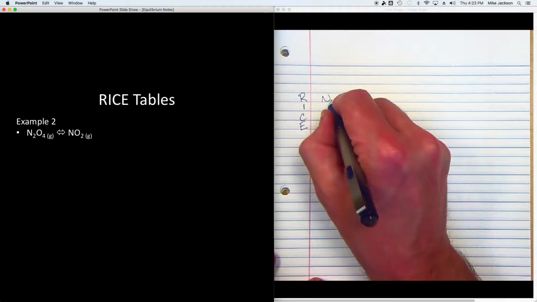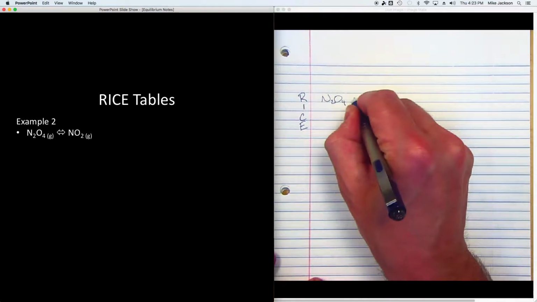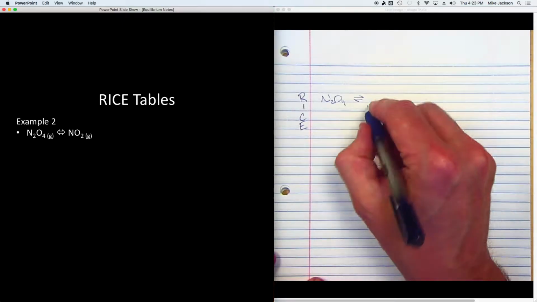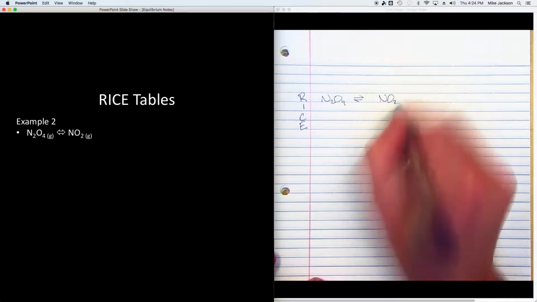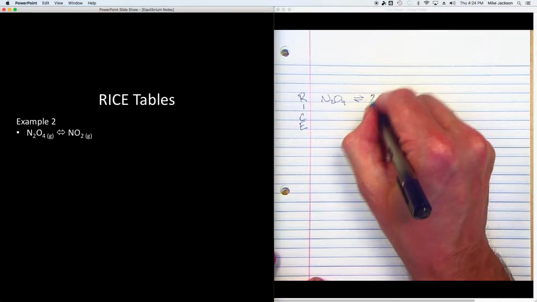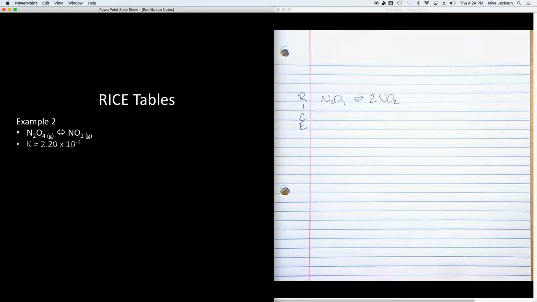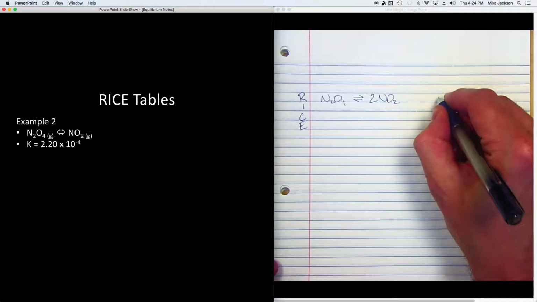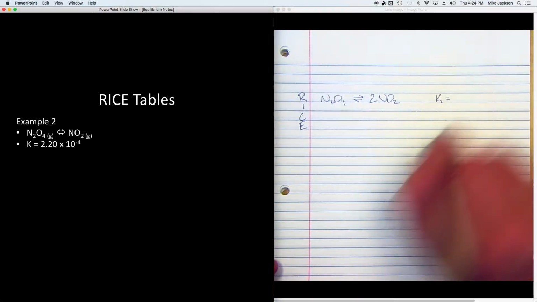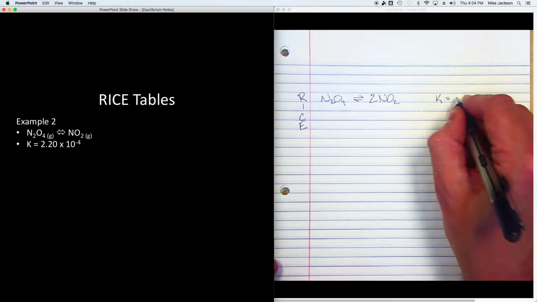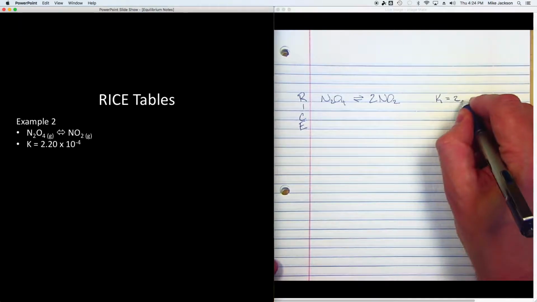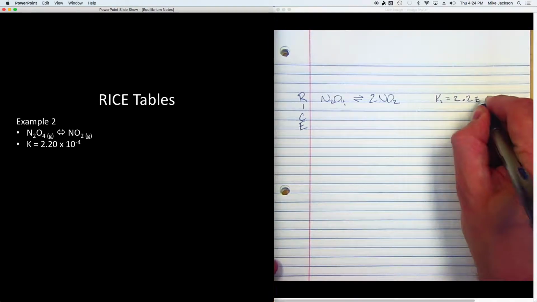N2O4 yields in equilibrium NO2. And quickly balance it, that's a 2. So the K for this reaction, again, is very small. So the K value for this reaction is 2.2 times 10 to the minus 4.